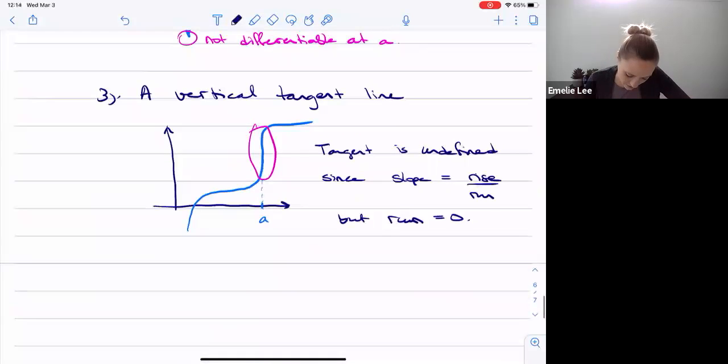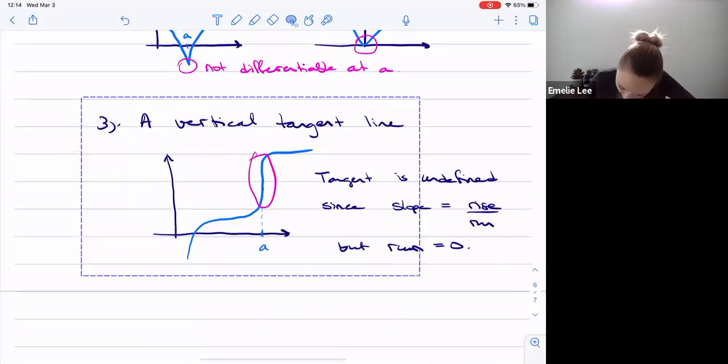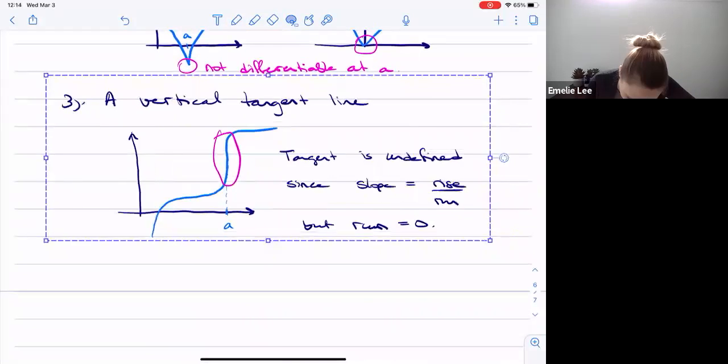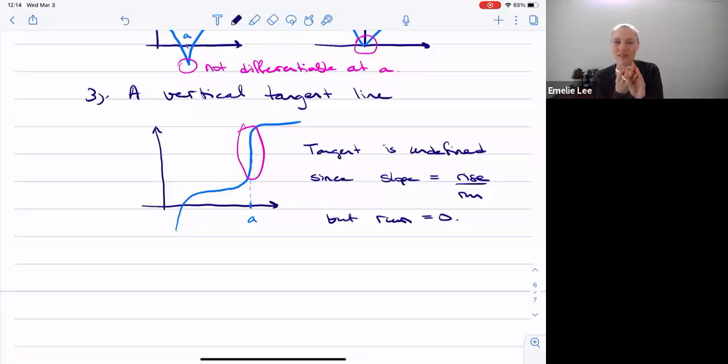I am going to make room on this same page here because I just have one little concluding statement. And that is very much linked to continuity, right? Remember, we were able to say that a function is continuous if the limit at a is equal to the function at a.